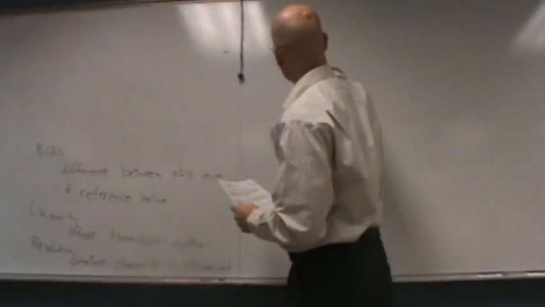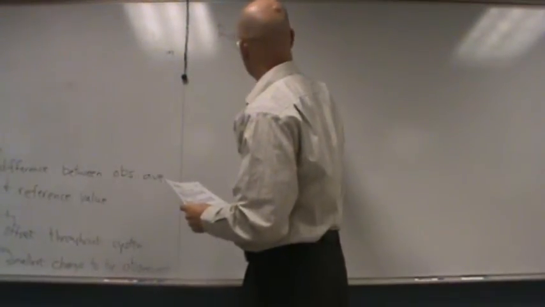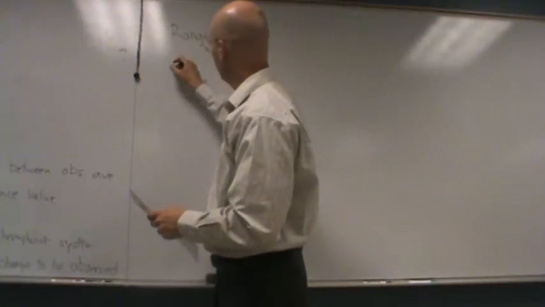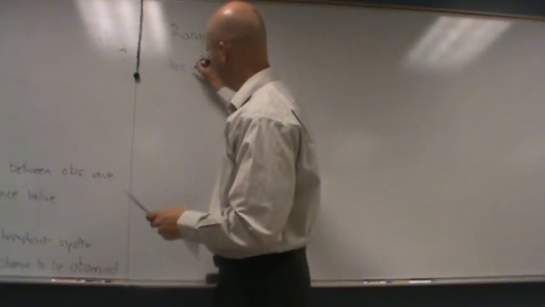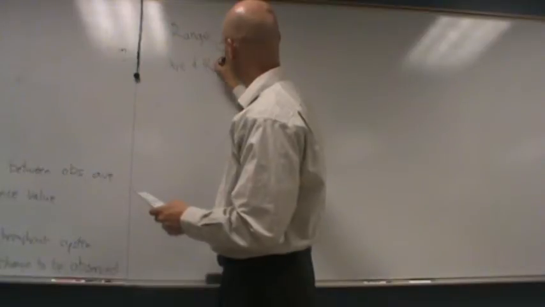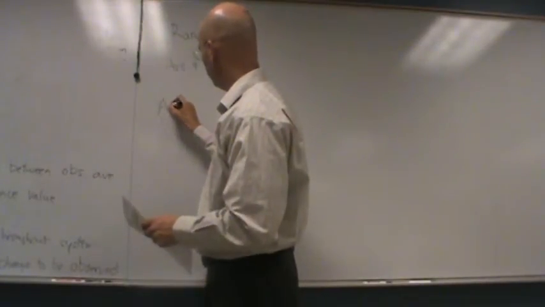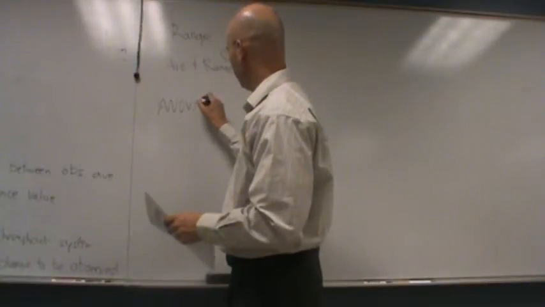There are basically three ways that you can look at those. There's a range method. There's also an average and range method. And also what's called the ANOVA, analysis of variance.